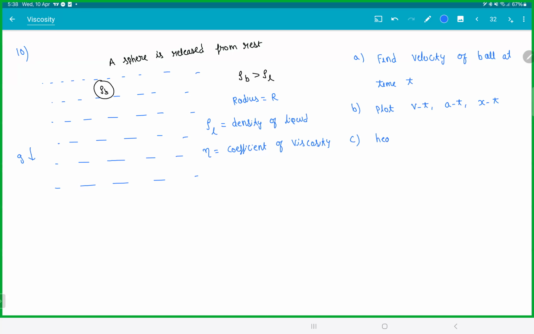Third, find the heat produced per second. Heat produced per second is proportional to r to the power n. This is after a long time. Find n.